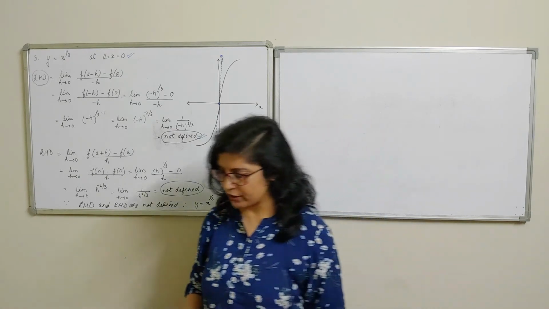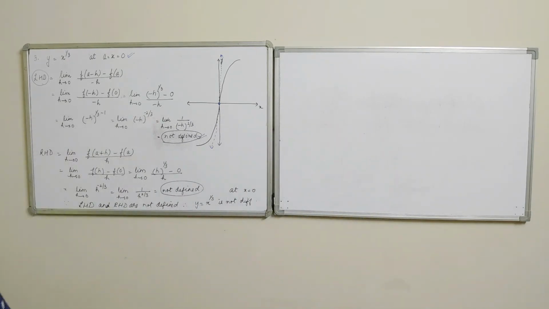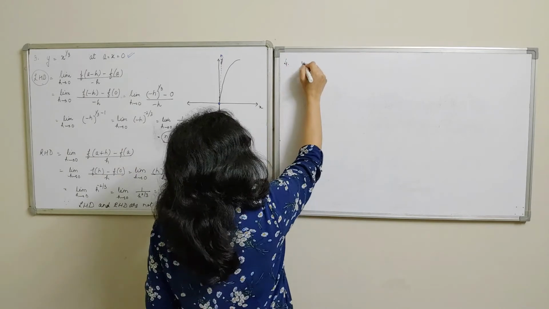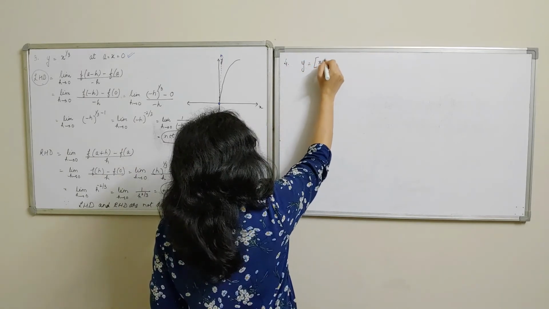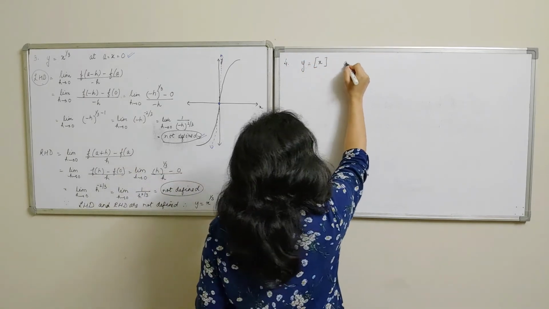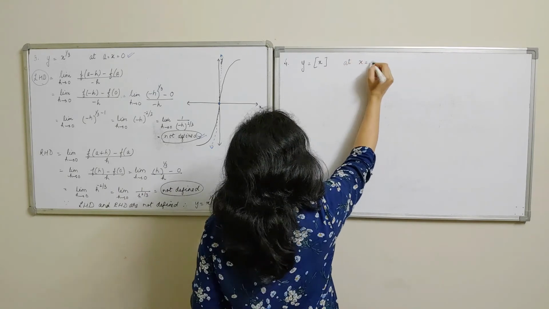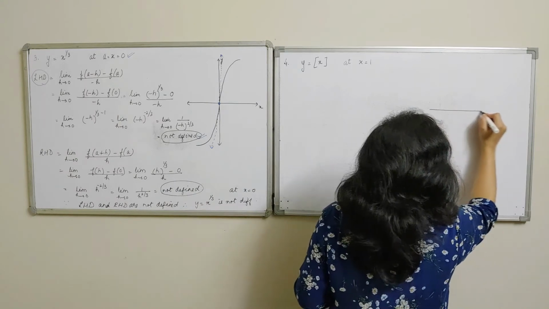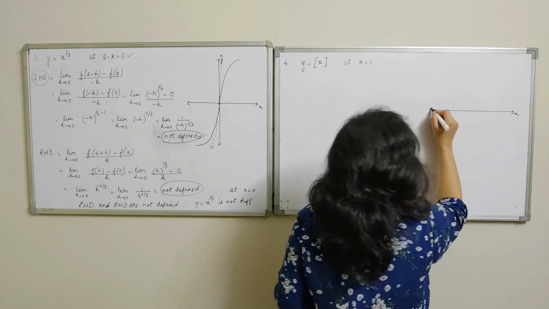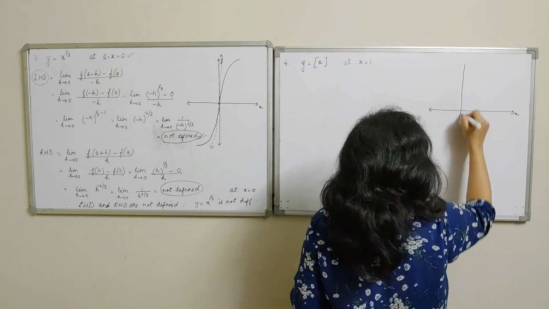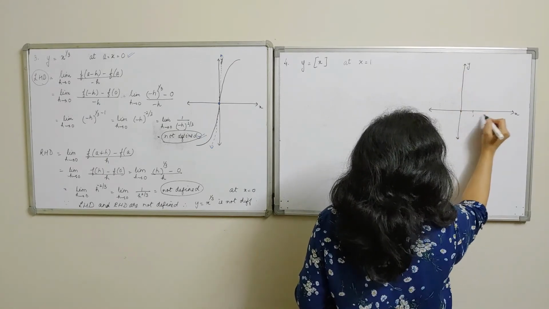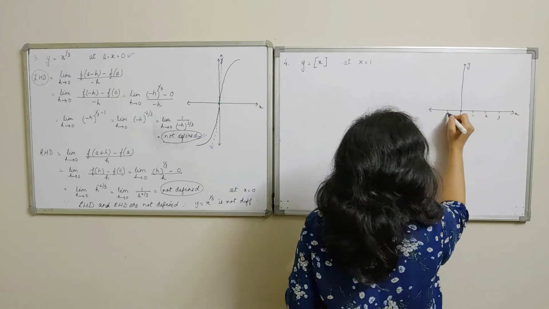Okay, let's see one more example. Let us consider the greatest integer function, say at a point x is equal to 1, some integral value. The x-axis, the y-axis, these are some points 0, 1, 2, 3 and so on.